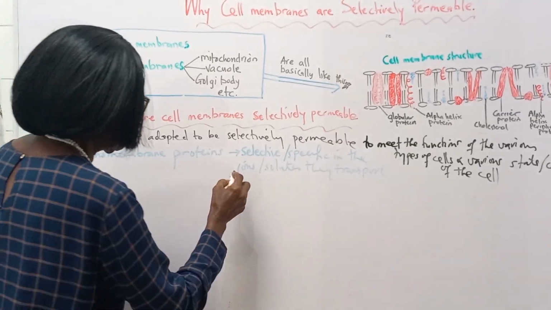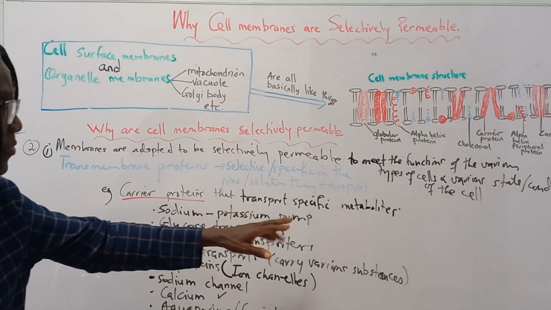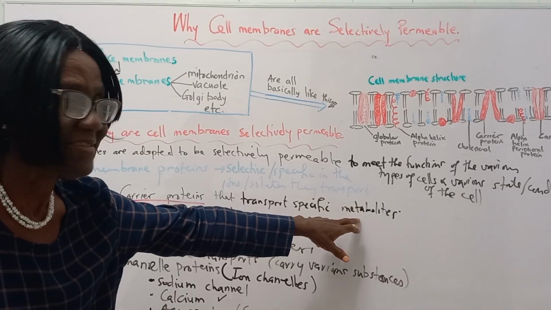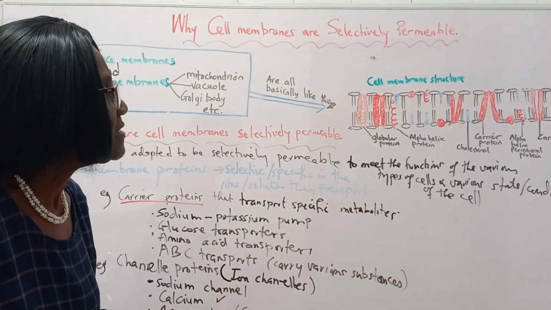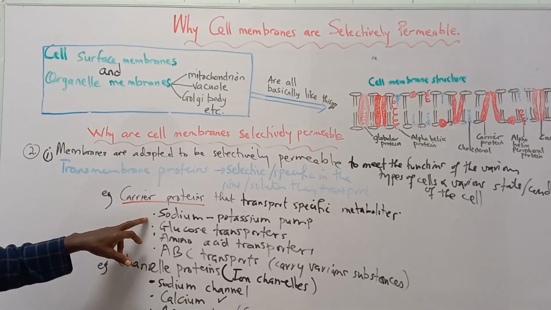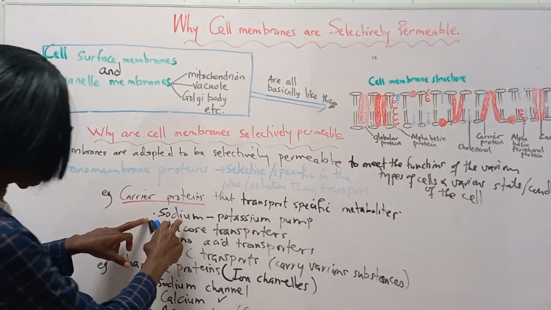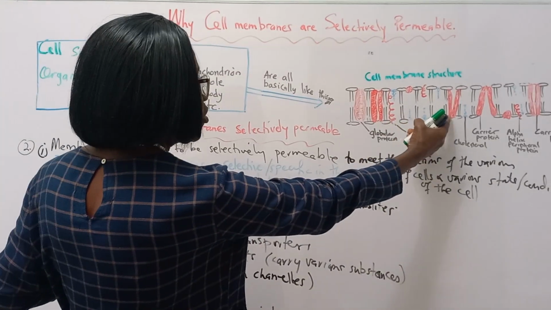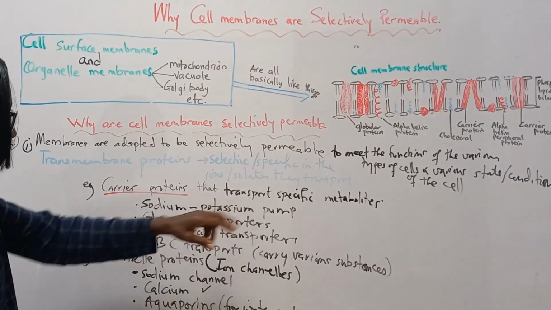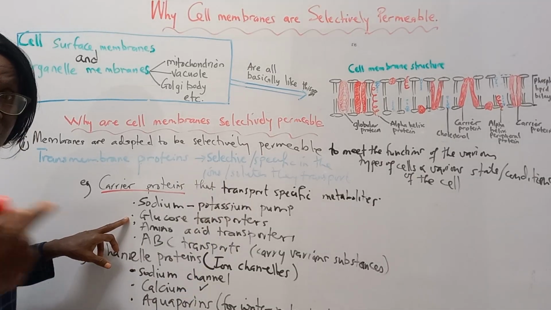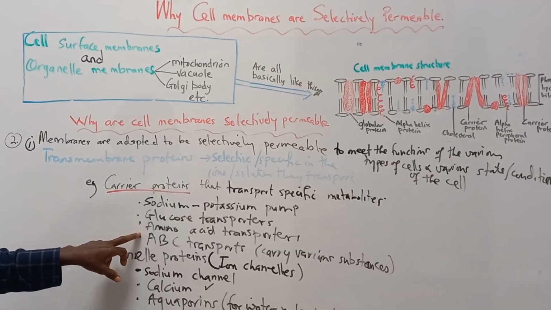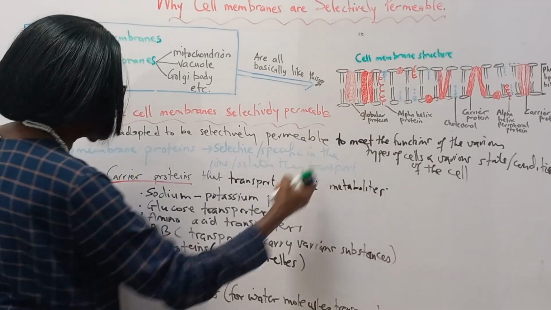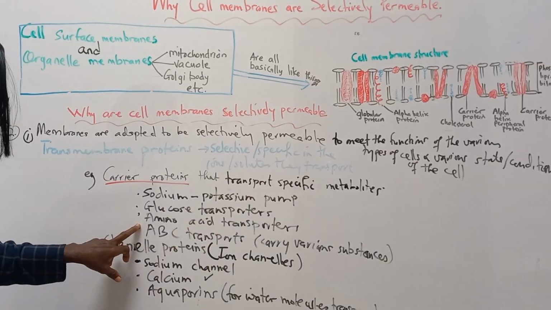For instance, you have carrier proteins that transport specific metabolites, which makes it selective. You have carrier proteins that will carry sodium and potassium, called the sodium potassium pump. Glucose transporters will transport only glucose. Amino acid transporter proteins will transport only amino acids.